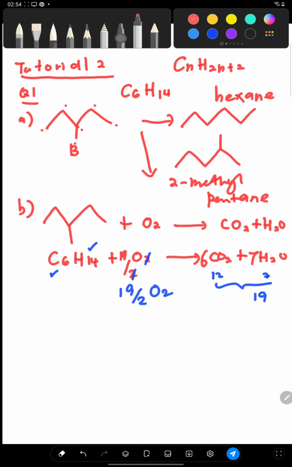After that, for question C, identify and indicate the major and minor products formed if compound B undergoes a chlorination reaction. So the question asks you to provide the major and minor products when it undergoes chlorination.